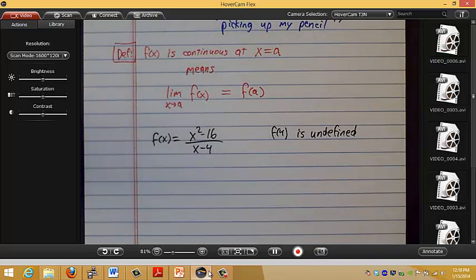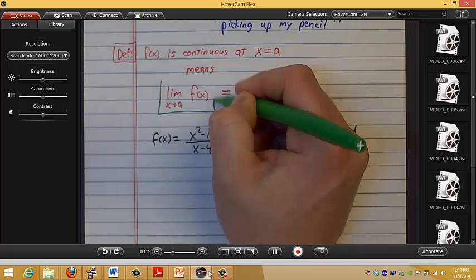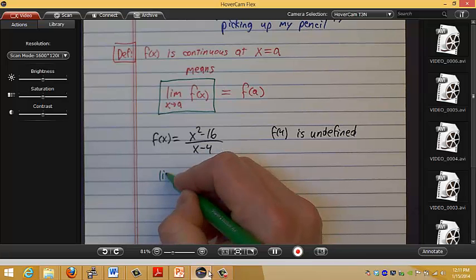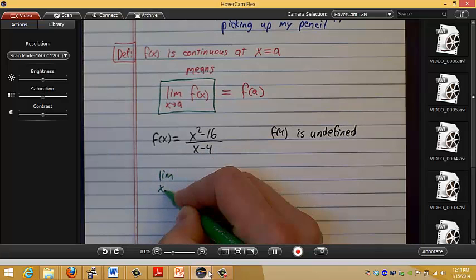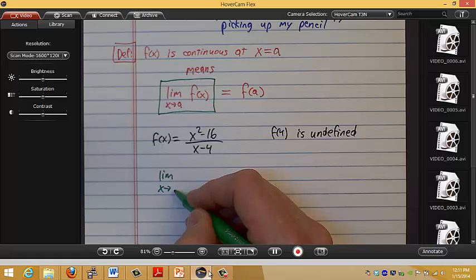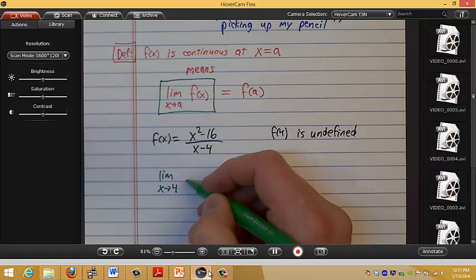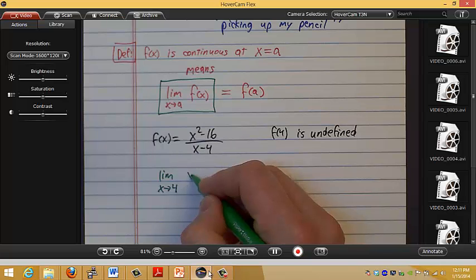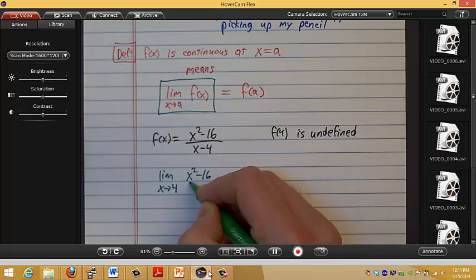You can't talk about f of a in this example. A is 4. But what your idea was, let's factor it. We can compute the limit as x approaches 4 of x squared minus 16 over x minus 4.